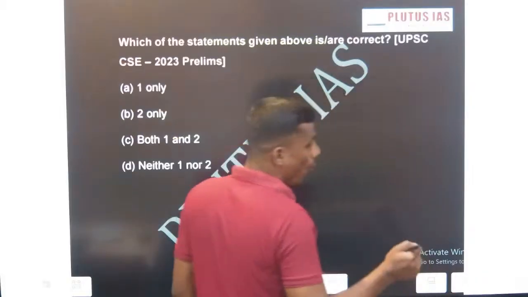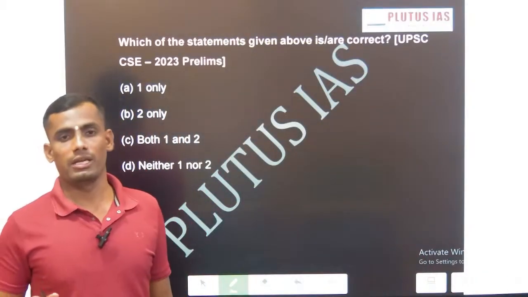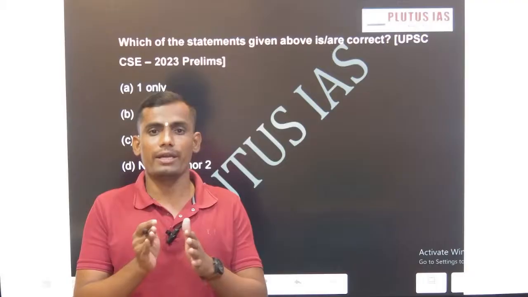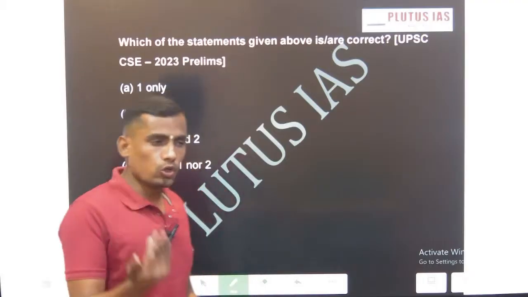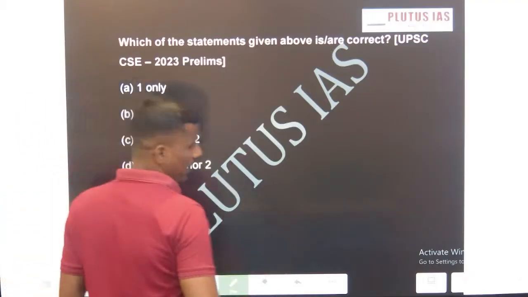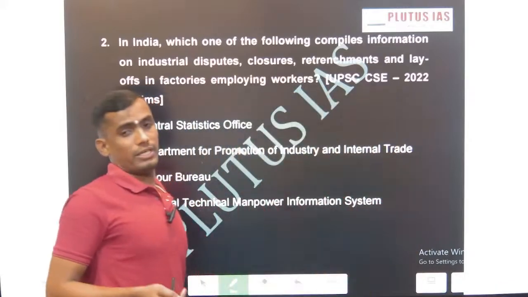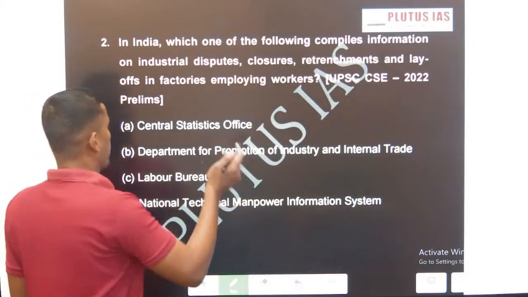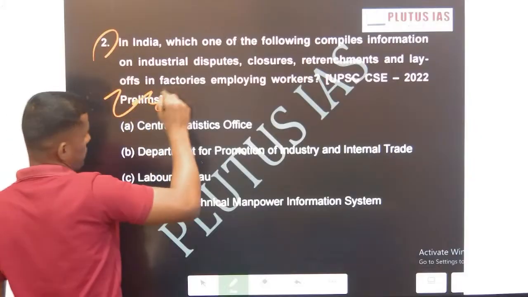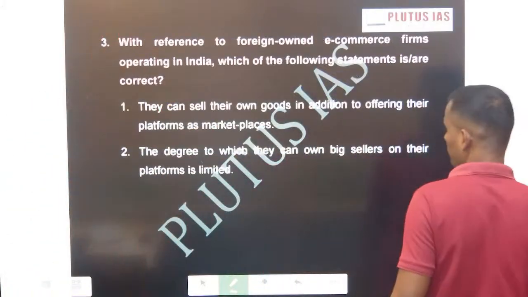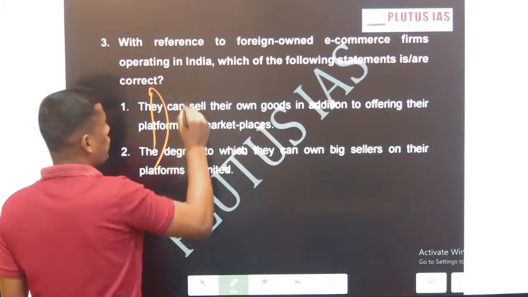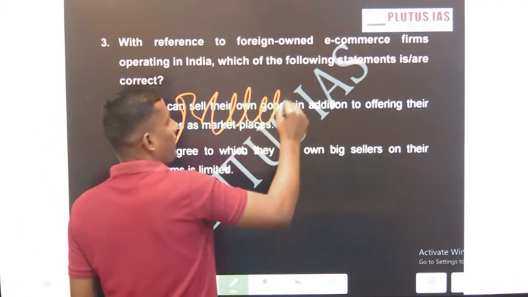Okay, now what constitutes the manufacturing sector? The manufacturing sector is not of one identity. It includes automobile, pharma, then MSME, the food production industry. There are n number of sectors, and this was one of the 2022 prelims questions. I am going to list down what exactly is included in manufacturing.